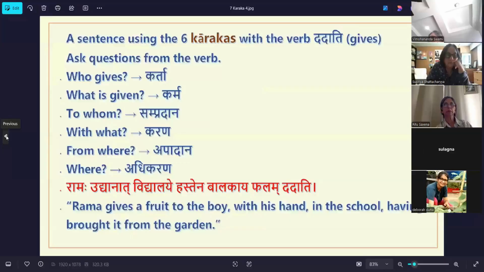Is that what you said about Atmanepad? Atmanepad is for me, Parasmaipad is for others. That is a completely different declension. They are declined in separate ways. So better leave that for now.